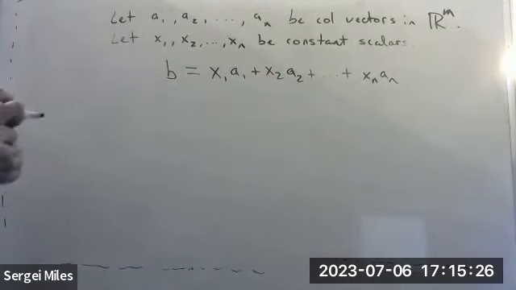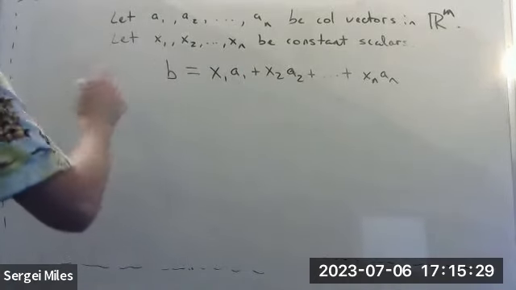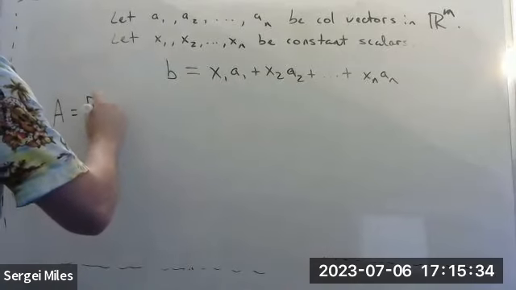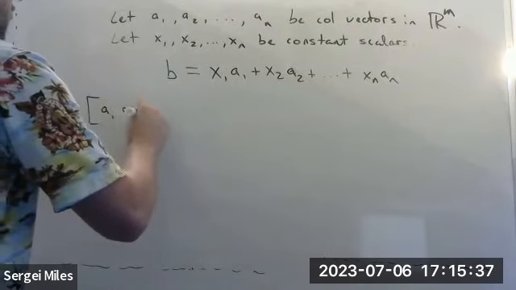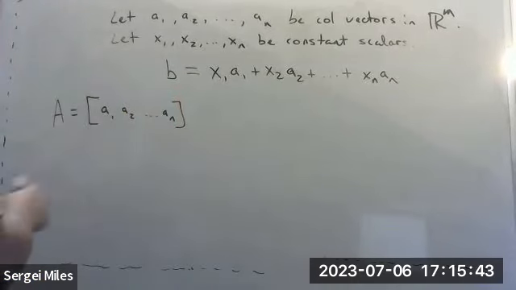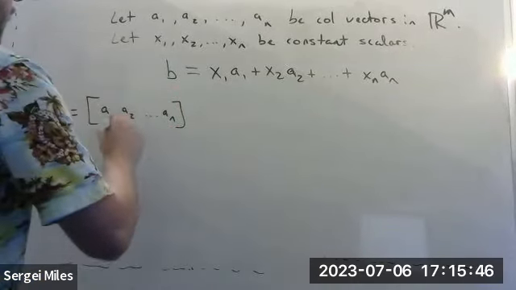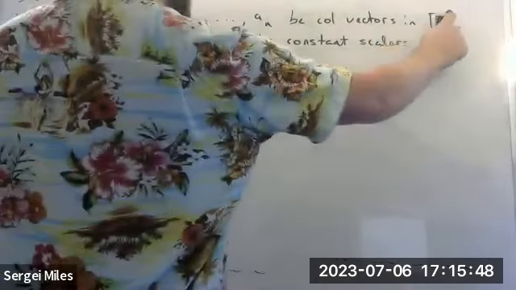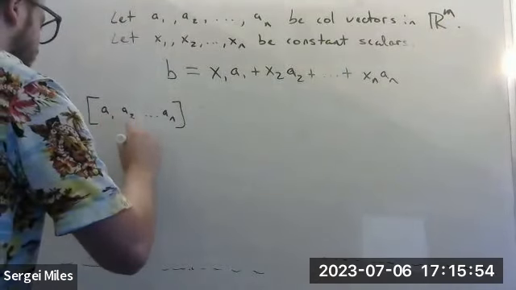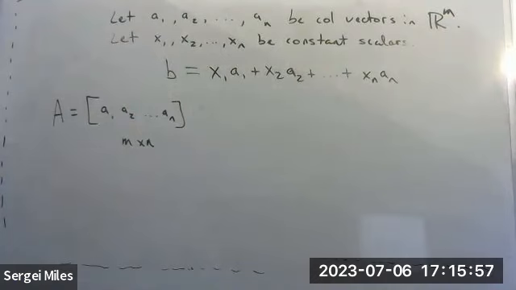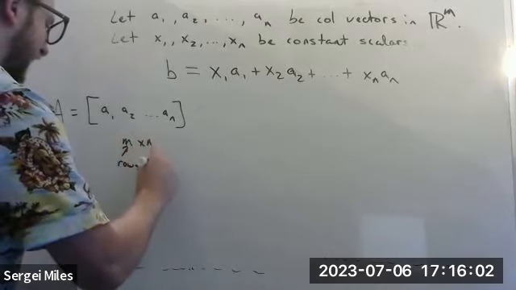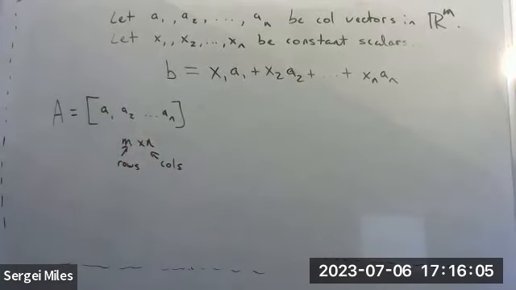So how can we turn this linear combination into a matrix? Well, first, let me introduce our notation here. I'm going to let A be a matrix with A1, A2, ..., An as the columns, right? So there are n columns, and each column has m entries. So A1 has m entries going down, meaning this is an m by n matrix. It has m rows and n columns.